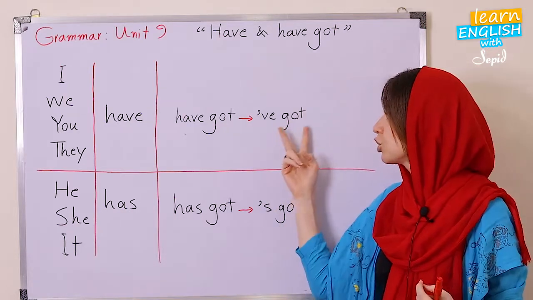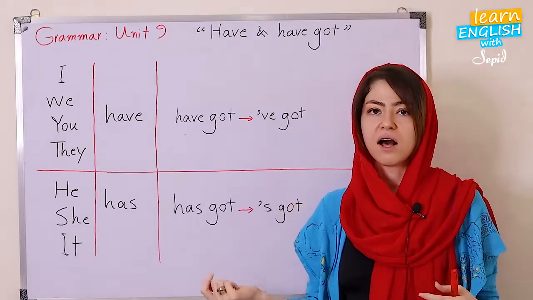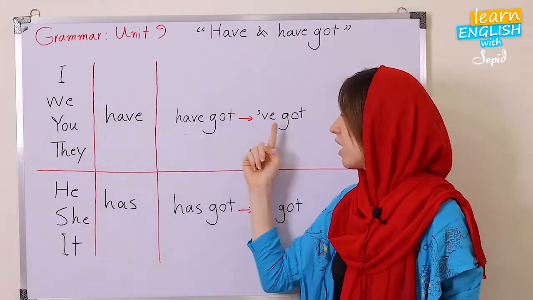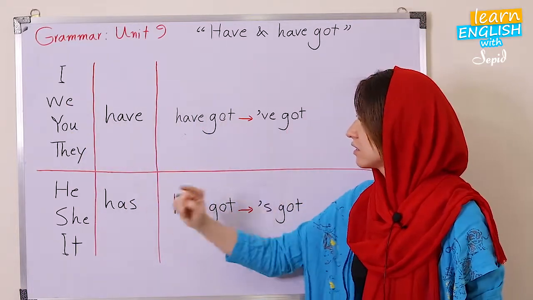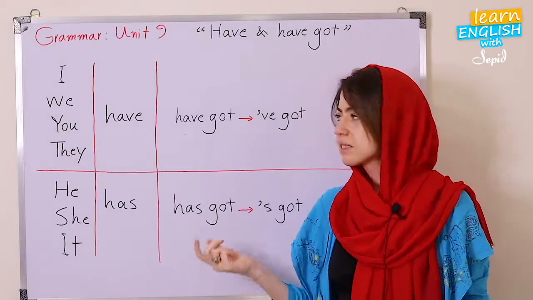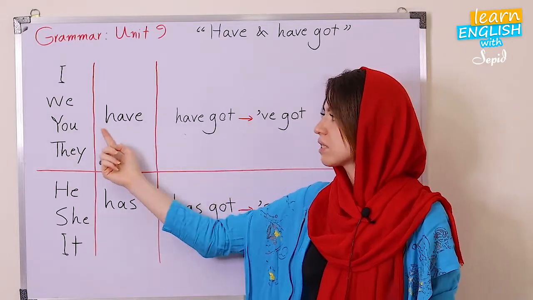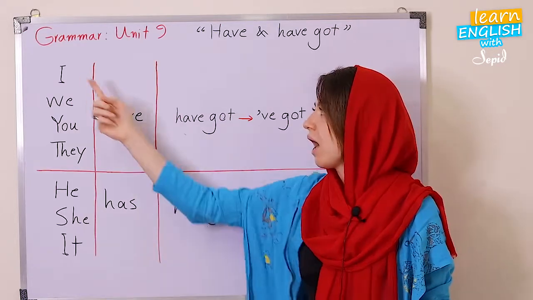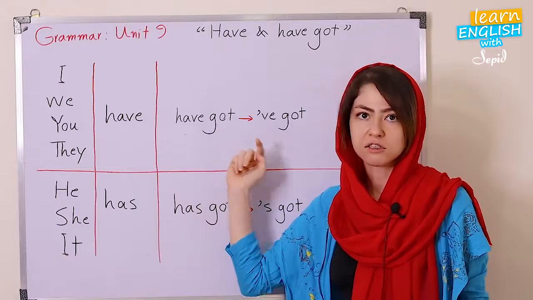So this is the short form, have got and I've got. So we've got, you've got, and they've got. Again, the synonym, so it means they have. You can use both of them, I have or I've got.